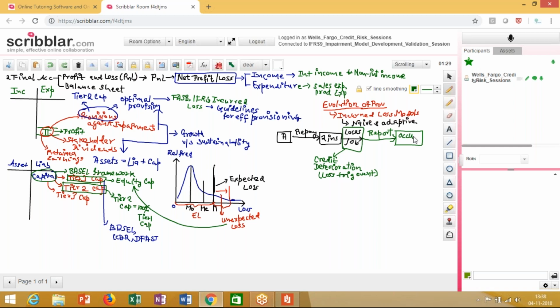Now observe that there is a lag between the fact that the loss triggering event has occurred and the event has been reported. So the occurrence date, or the bank's realization, is always after a lag, right? This lag makes it a naive process.